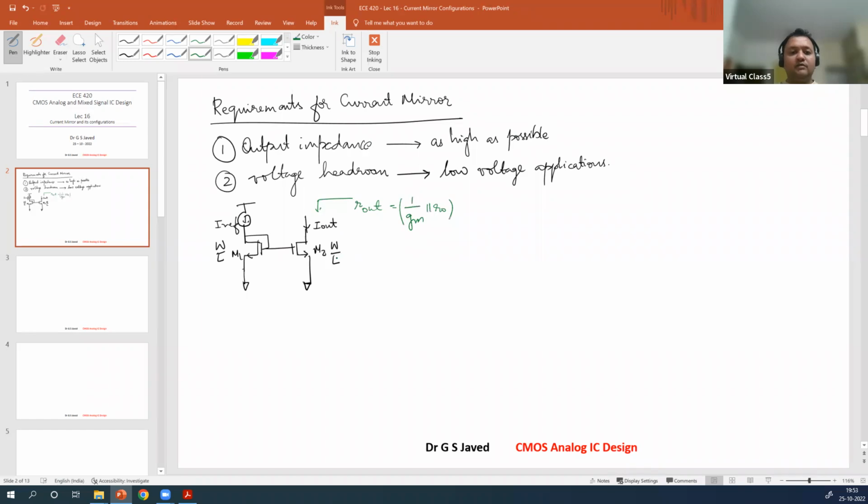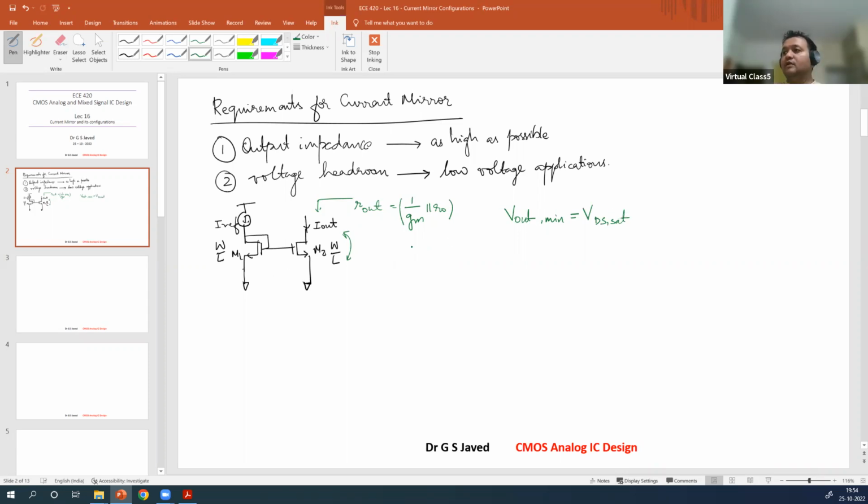Now, what would be the voltage output that you see? The V output minimum would be the VDS sat. What is the VDS of this device? So that would be VDS sat.